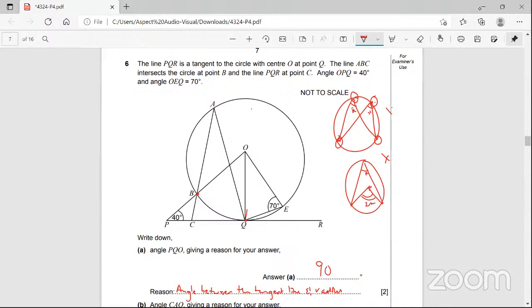Now this B is coming from A, but Q does not touch the circumference anywhere. Are we together? So you don't see this shape in this diagram. You only have this shape, but that shape is not in the diagram. Can you all see that? It must meet at the center and at the circumference. The other ones must meet at the circumference.